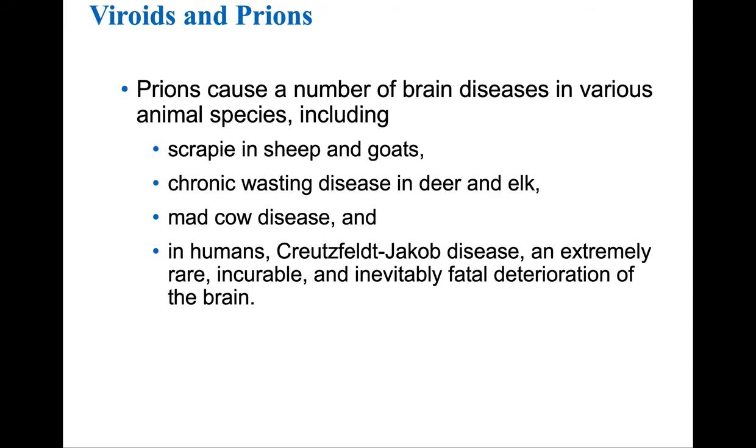So prions cause a number of brain diseases, and it causes mad cow disease. And in humans, we also call it Creutzfeldt-Jakob disease. So this slide is based on page 192. It will be asked for. So prions, it's not living, it's not a virus, it's a protein. So prions as a protein cause mad cow disease or Creutzfeldt-Jakob, and basically turn your brain into mush.